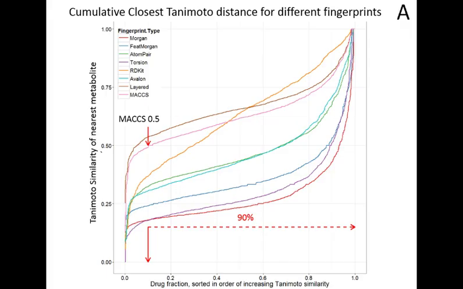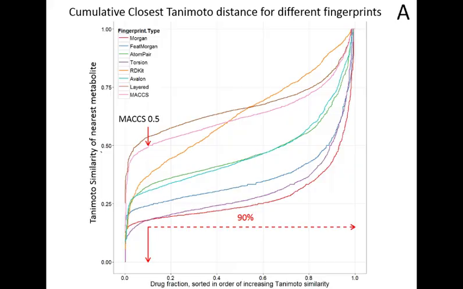And when you look through the data in full, using a whole series of encodings, we'll concentrate on the one called MACCS, which essentially is a string of 166 ones and noughts that ask you whether such and such a group, OH or CH3 or whatever, is present or not. And you go from right to left, you can see that for 90% of marketed drugs, there is at least one normal metabolite that is similar to the drug that you're questioning.